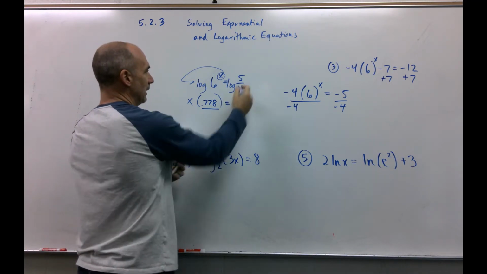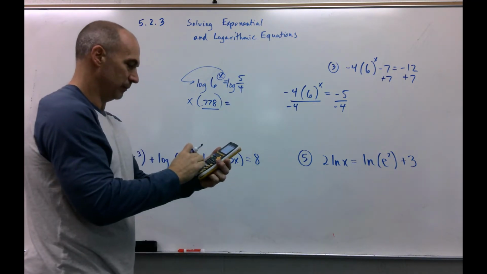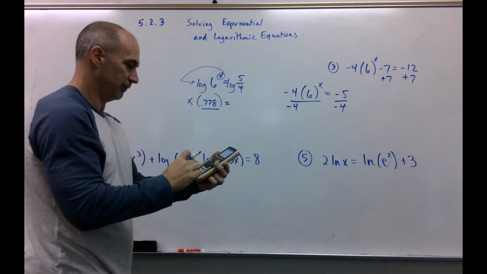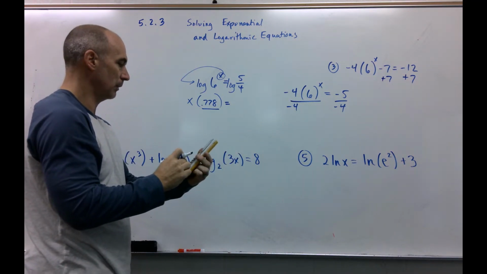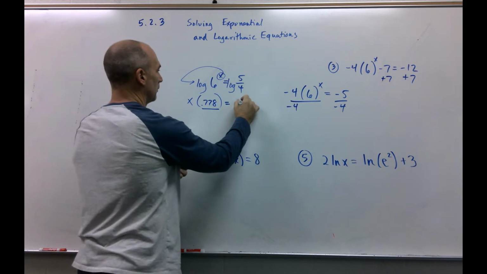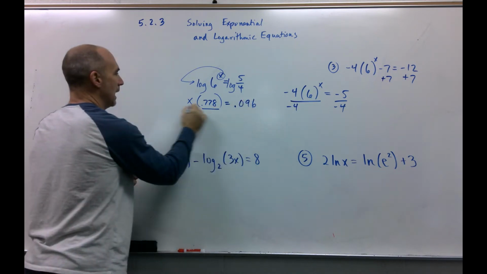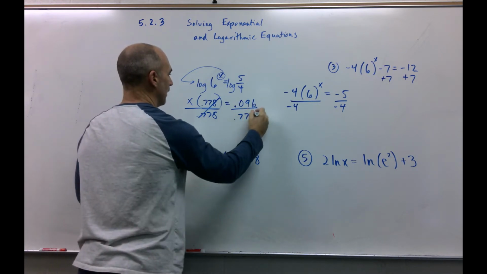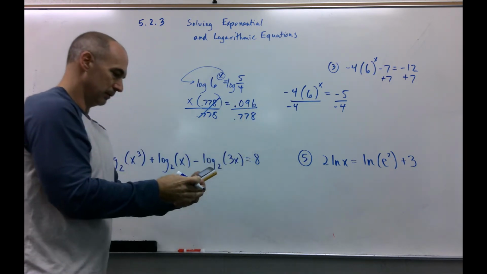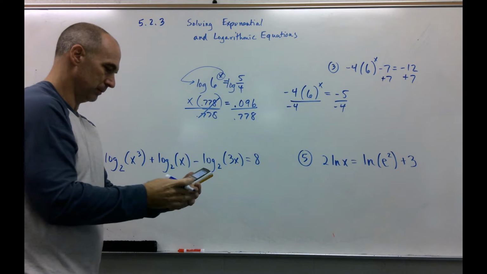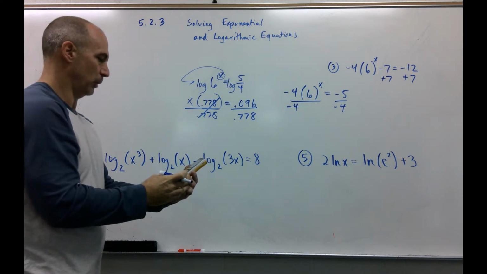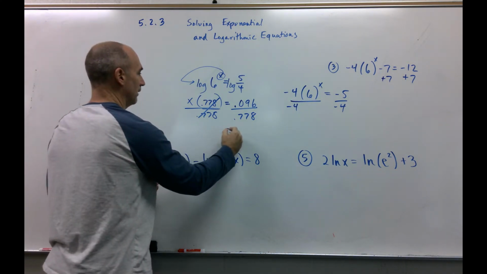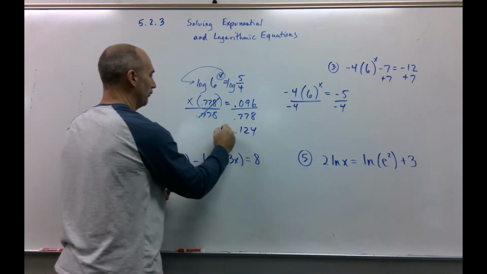And then I get log of 1.25, which is 0.096. Divide by 0.778. Divide by 0.778. And I get 0.124. So x equals 0.124.